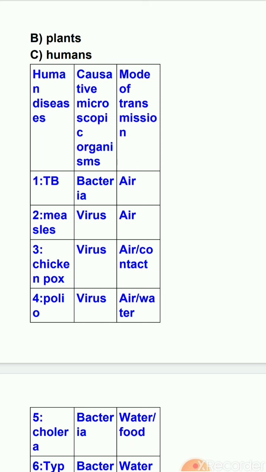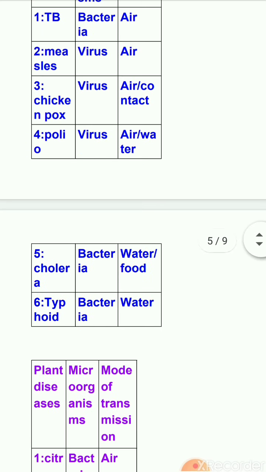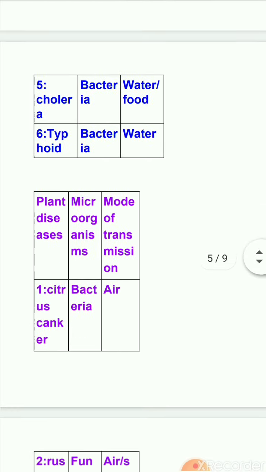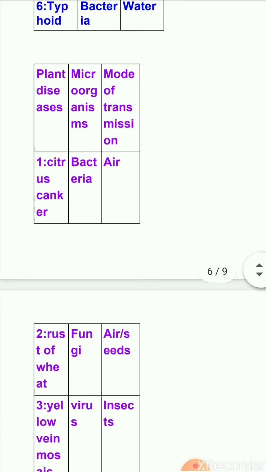Second is measles, caused by a virus, transmitted by air. Third, chicken pox, caused by a virus, transmitted by air and contact. Polio, caused by a virus, transmitted by air and water. There are many more given, so go through this video lecture.